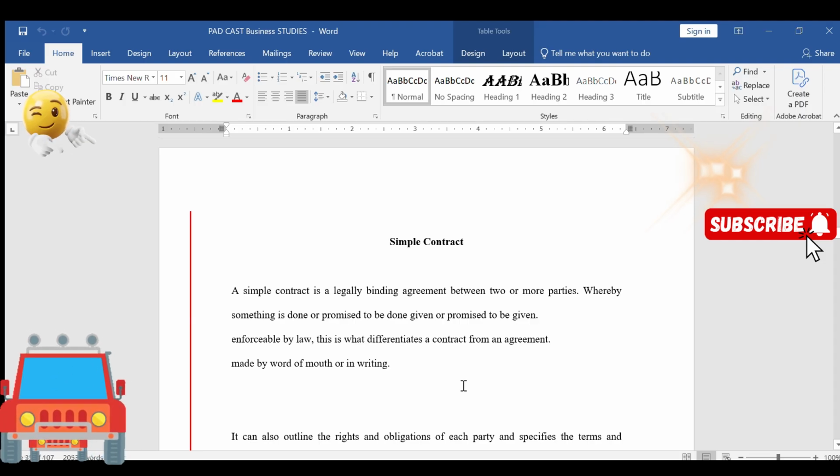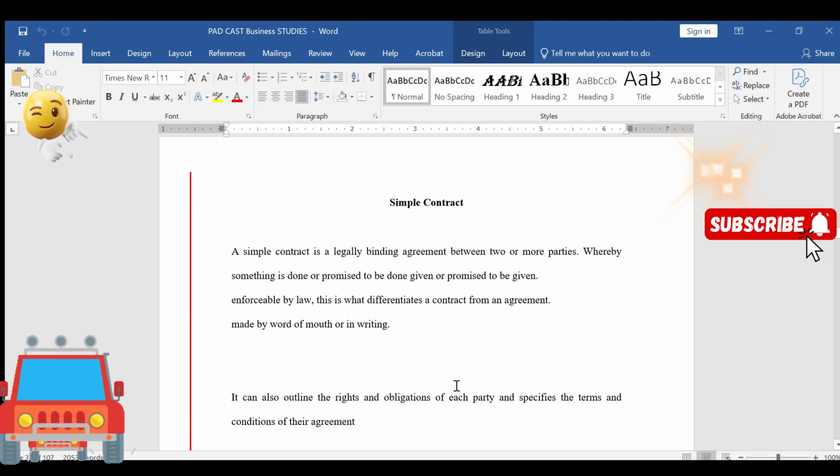So we are on to simple contracts. A simple contract is a legally binding agreement between two or more parties. So in this simple contract, something is done or promised to be done. It is enforceable by law.